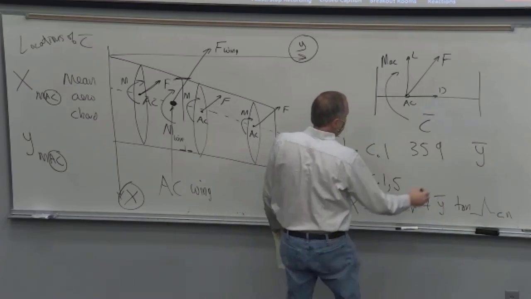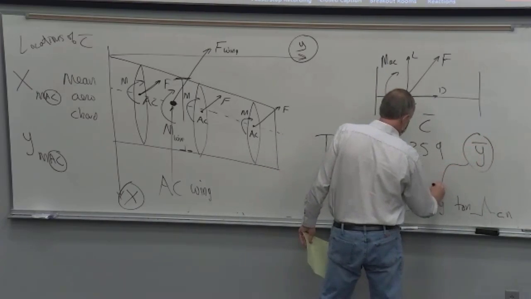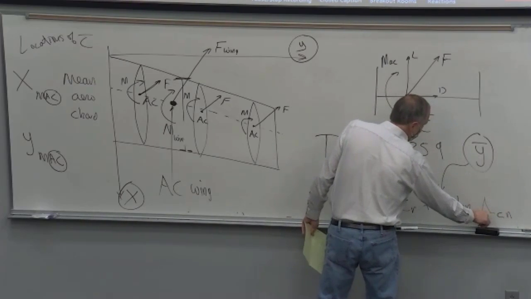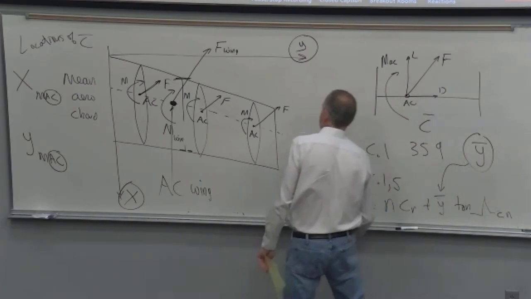So you have to look up Y bar in this table, then you have to stick it down here. And then I need to tell you what N is, and I need to tell you what this angle is.